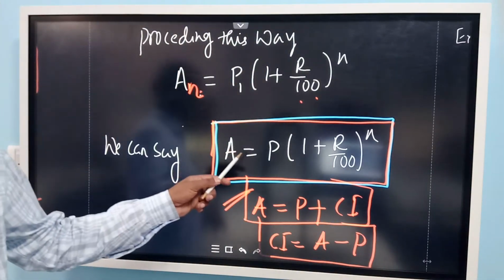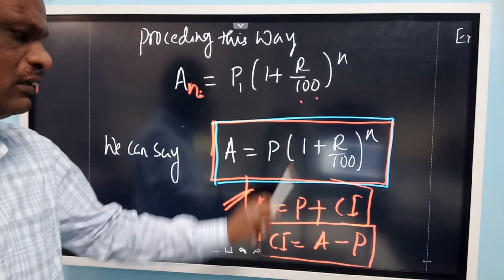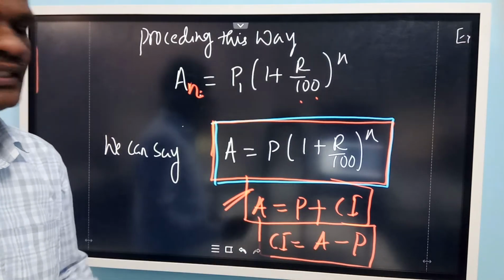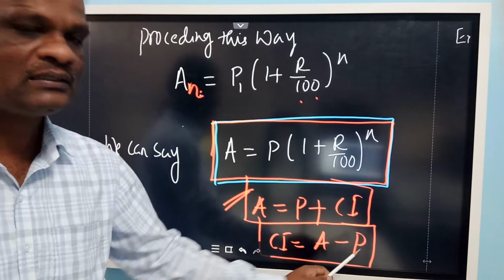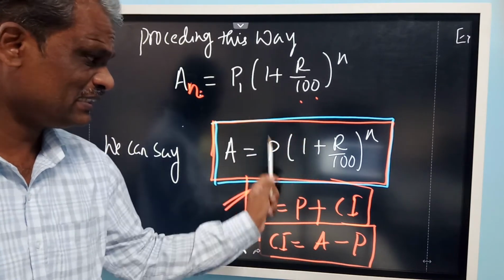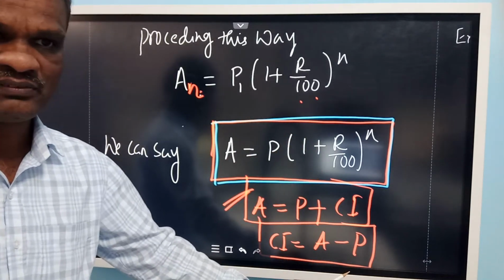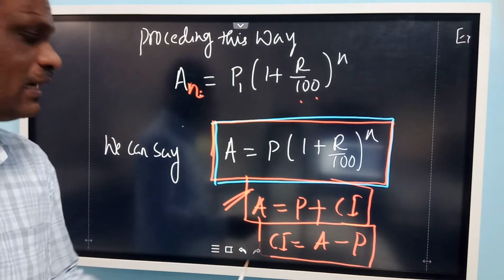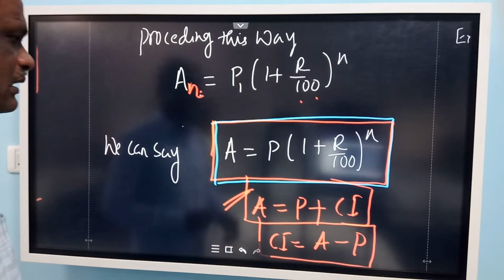You got the amount in terms of P. You want compound interest, so do A minus P, the amount minus the principal value. You have calculated A and the P value is given. Subtract A minus P, and that gives you the compound interest.